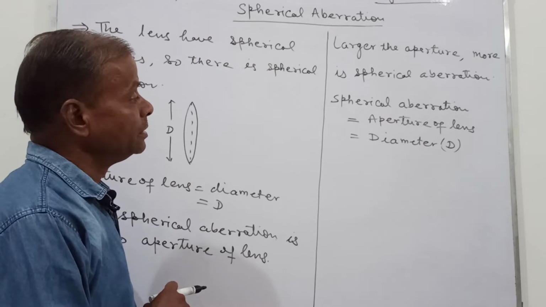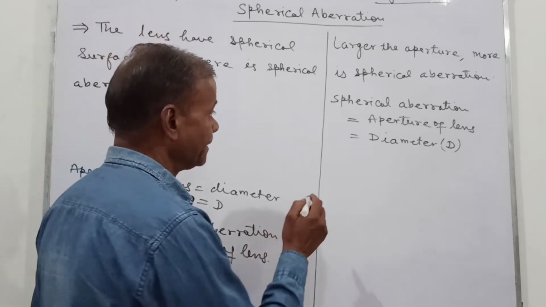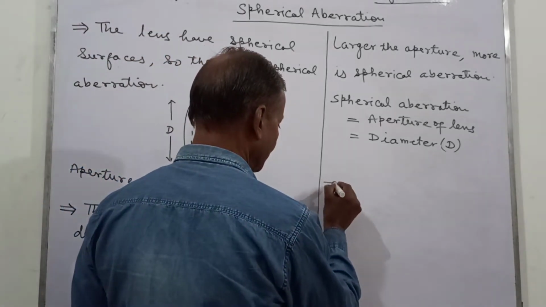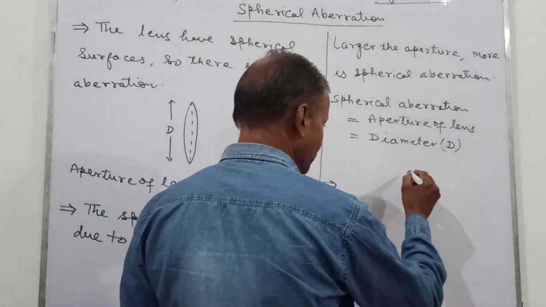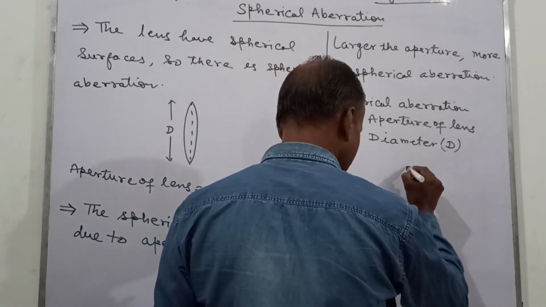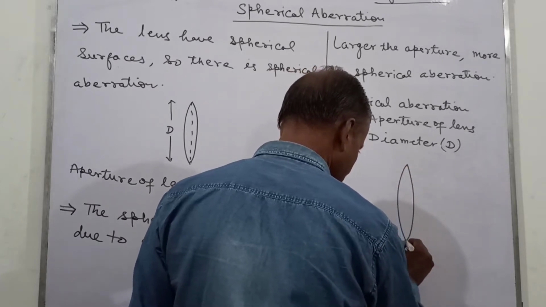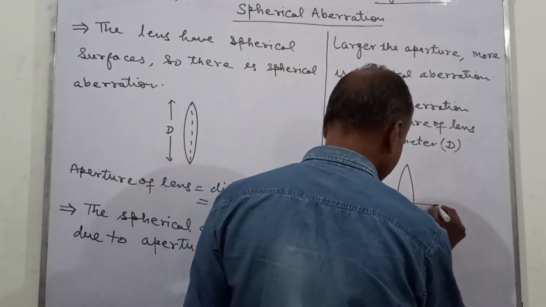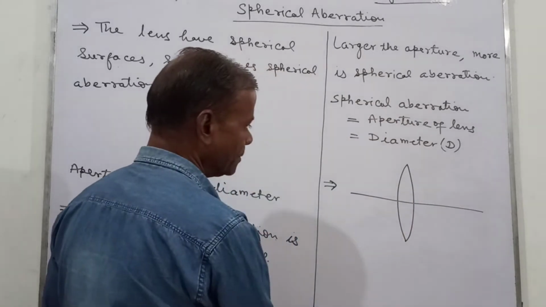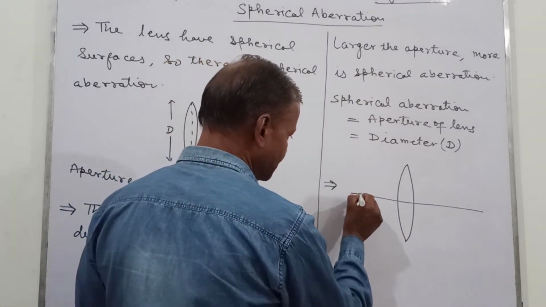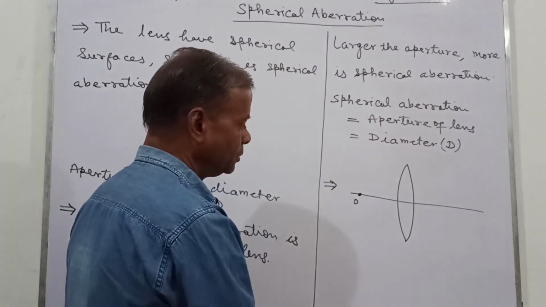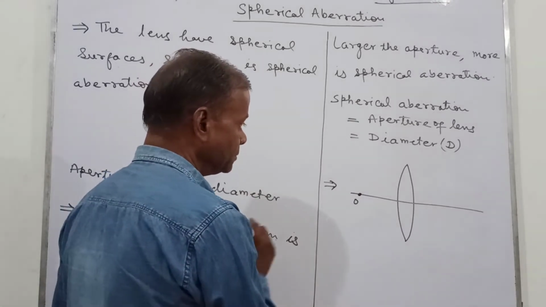Now I draw the diagram. Let's suppose we are having this lens. This is now object O. This is the point object.